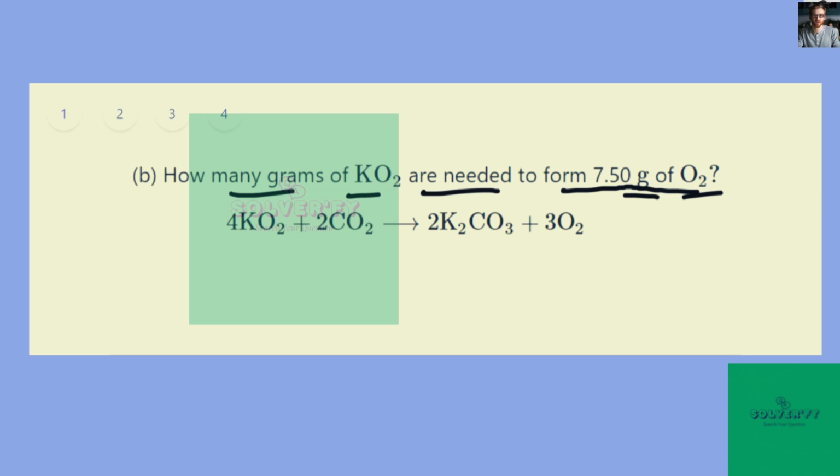So again here, first let's find out the number of moles of O2 for 7.5 gram O2. As you know, the number of moles is basically the mass over molar mass. That means 7.5 gram O2 is 7.5 over 32, which is the molar mass of O2.